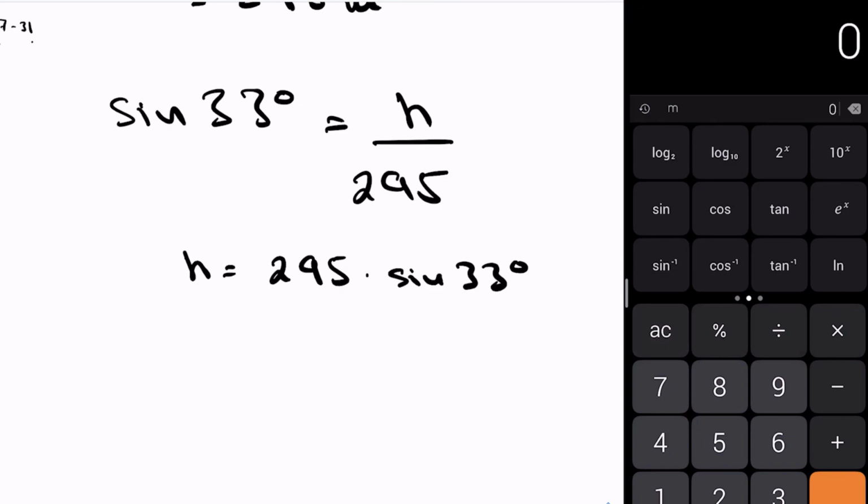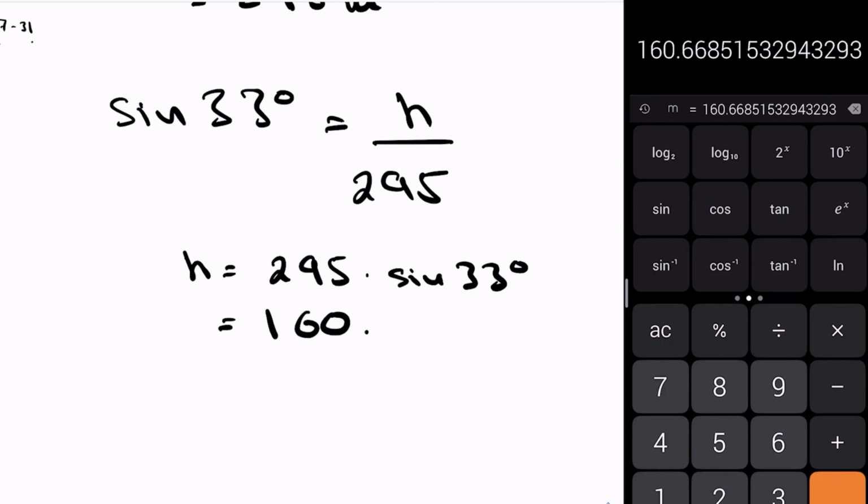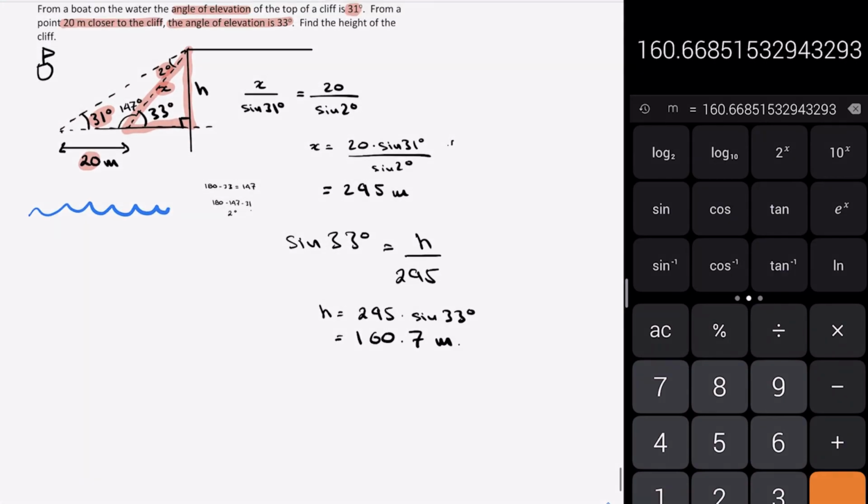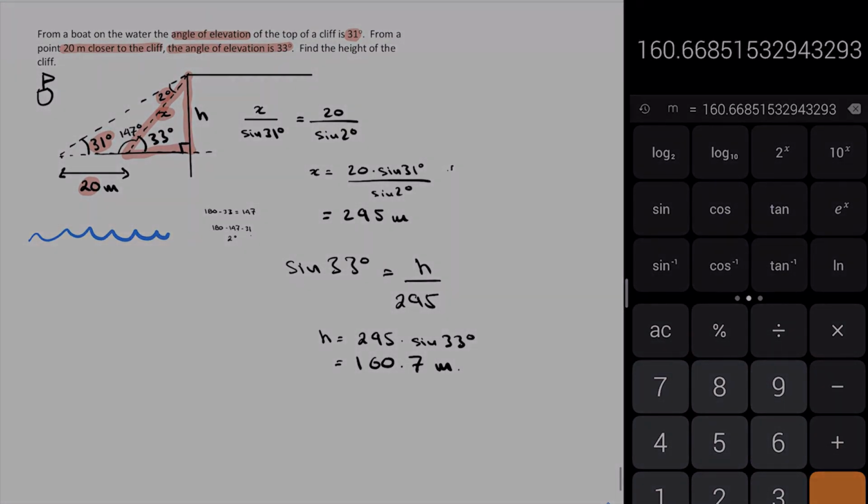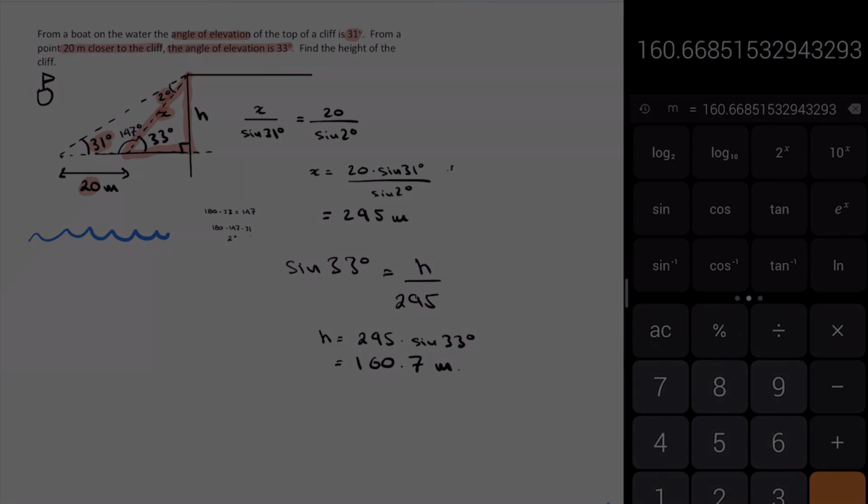So let's do that: 33 sine times 295. That gives me 160.7 meters. Great. Looks like we have the height of our cliff using some SOHCAHTOA as well as the sine law.